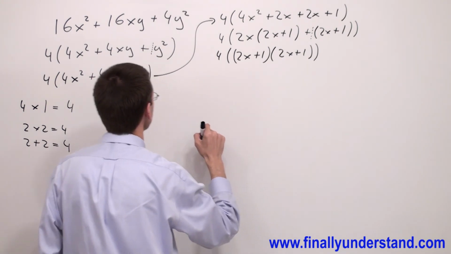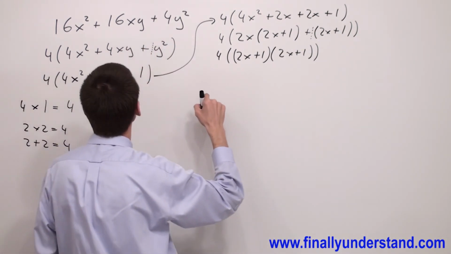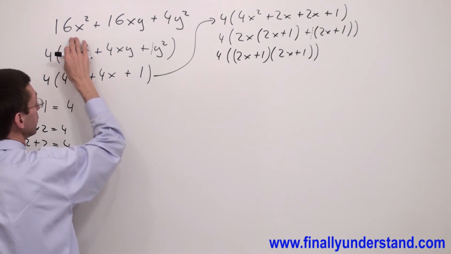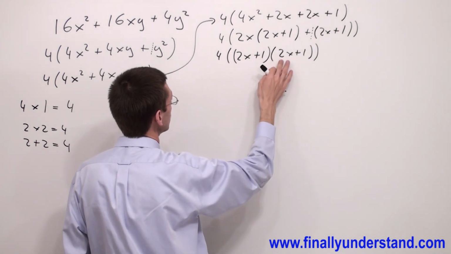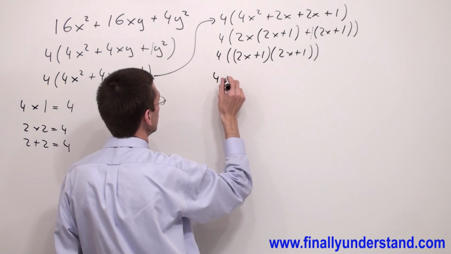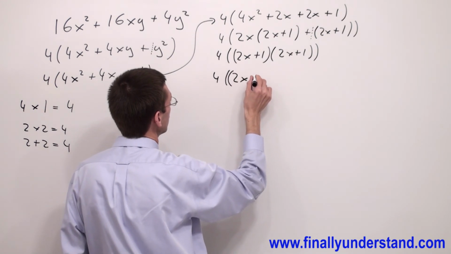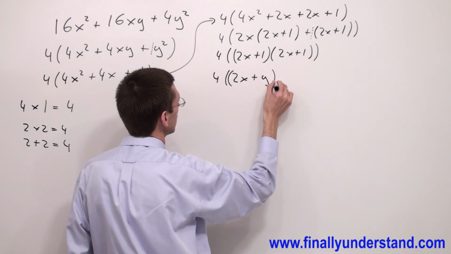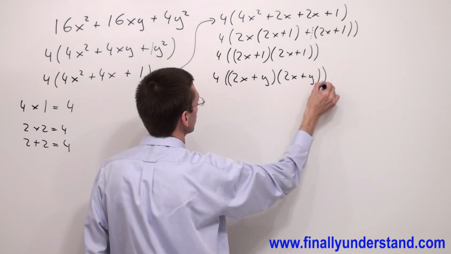Remember that at the beginning we removed y's. We have to bring them back. Because there is no y in my first term, I'm not going to have y in the first terms of my binomials. That's why I'm going to write 2x plus 1 times y, which is going to give me y. 2x plus y.